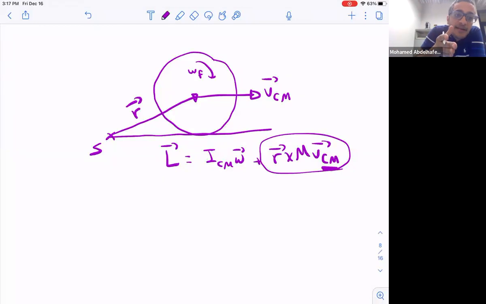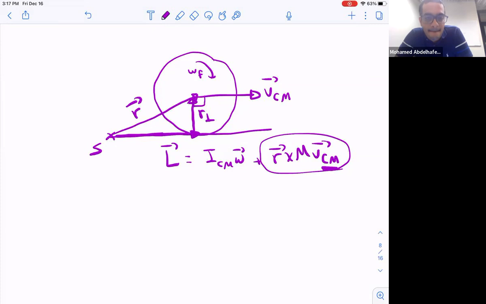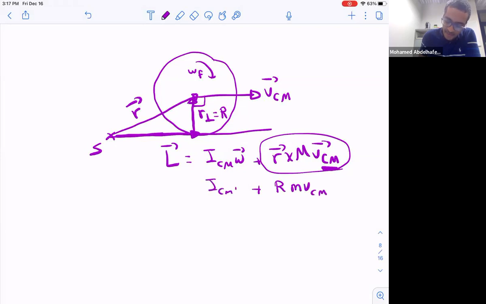For the R vector, there is a part of it that is parallel to V, and I don't care about that. I only care about R perpendicular, perpendicular to V. So when you perform this cross product, you will find that it just matters this perpendicular distance, R times MV. That's where it came from.